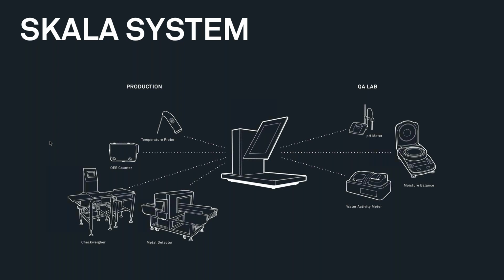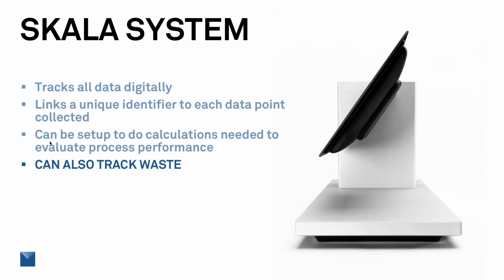Because it's doing this digitally, all the production people have to do is run the test. It's already been identified in the system which batch it belongs to. The system then collects it, holds it, and keeps it all organized, and at the end, when you want to determine yield or batch score, the system just does that automatically and can even update it in real time.